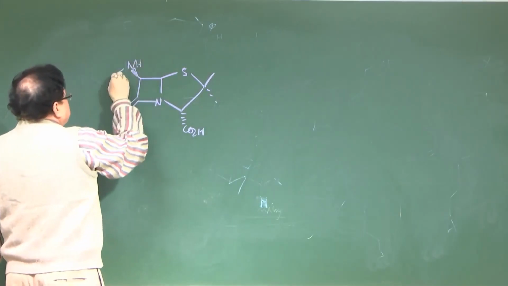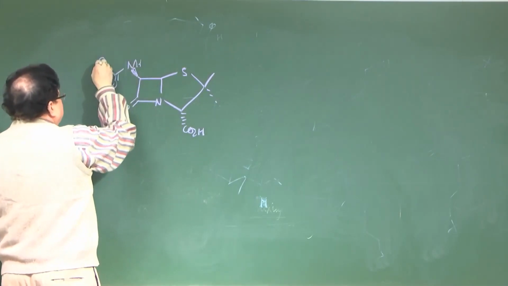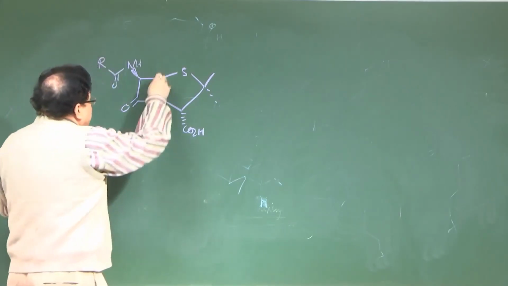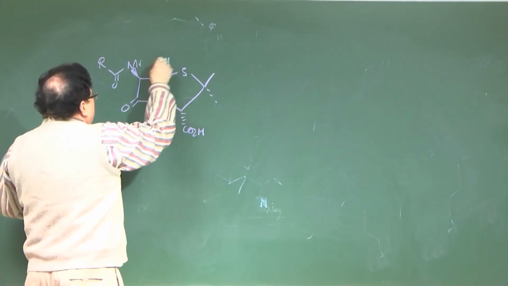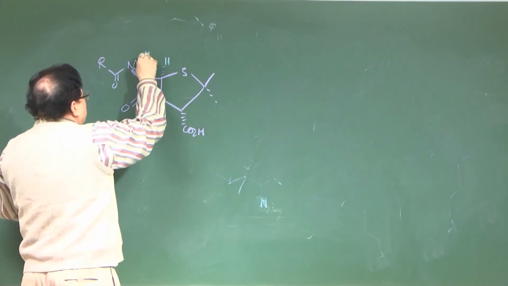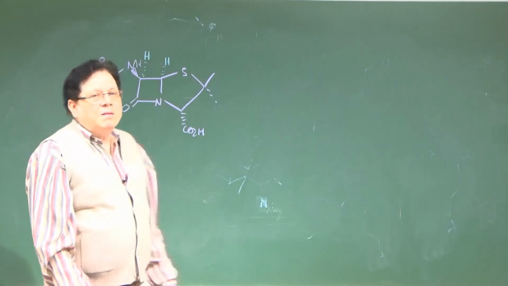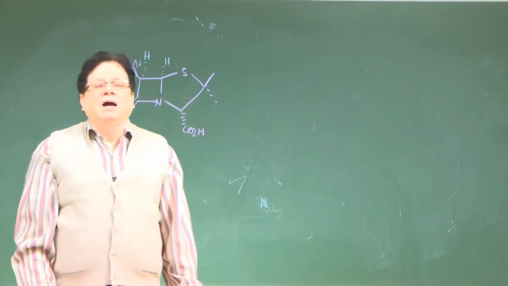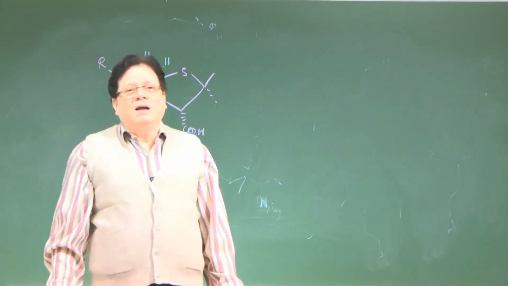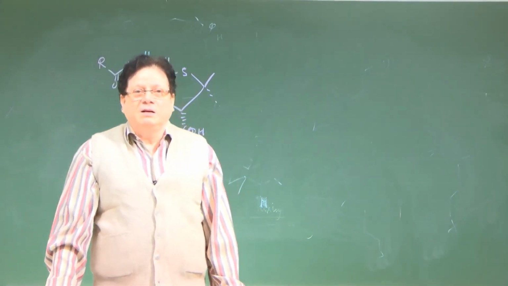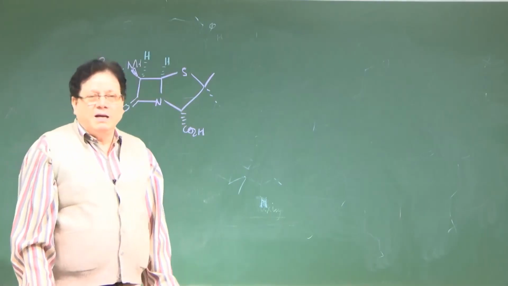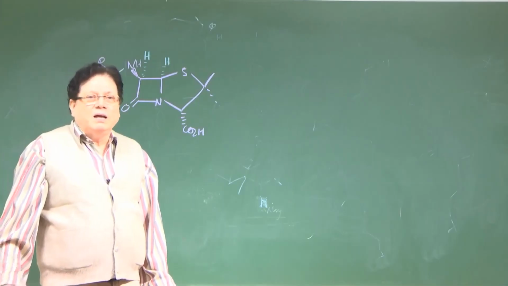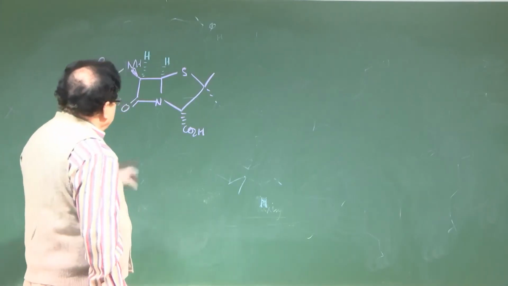This is the structure of a penicillin molecule. You know, penicillin is the miracle drug that was discovered in the late 1920s, early 1930s by Sir Alexander Fleming, and it then came into the market during World War II. Now, this is the structure of penicillin.